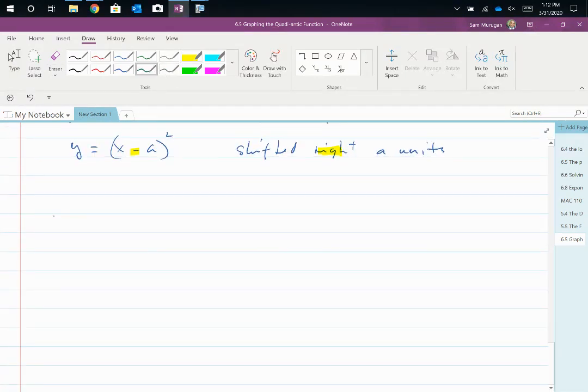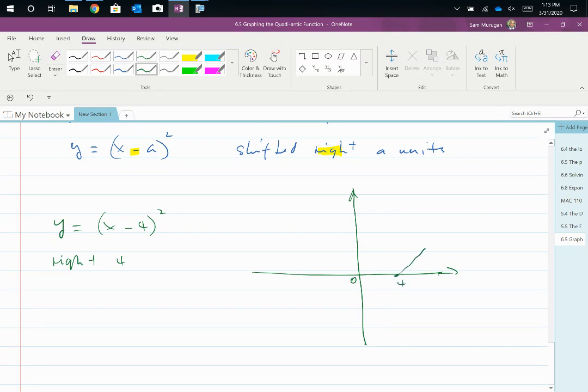So a graph such as y is equal to (x minus 4) squared will be shifted right 4. In other words, it will move from 0 to 4, and it will look like this instead.